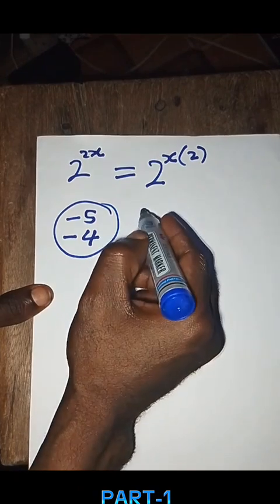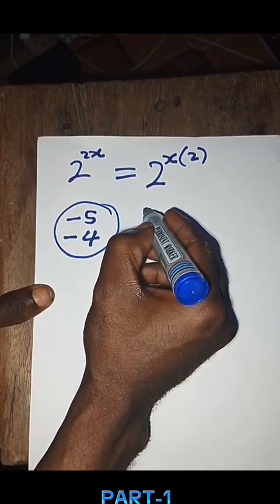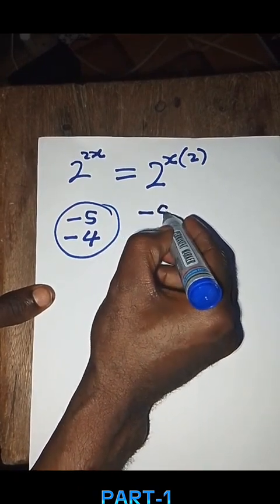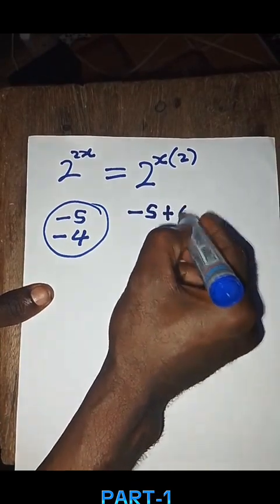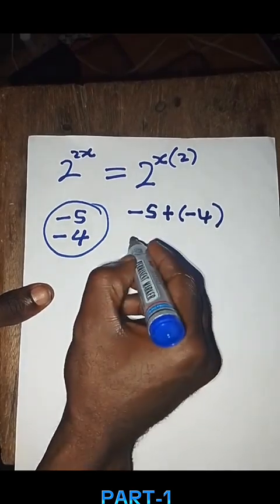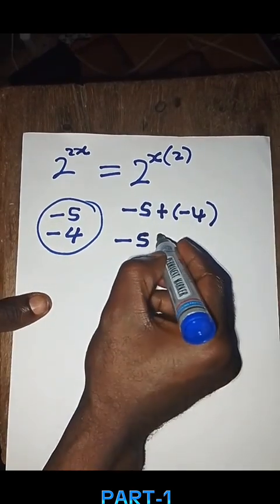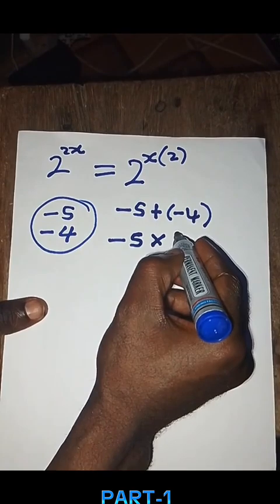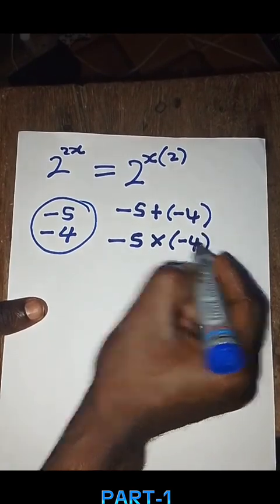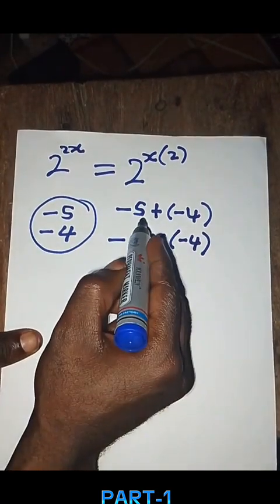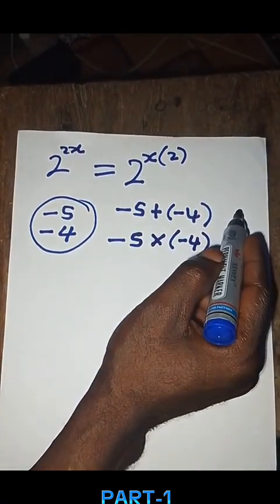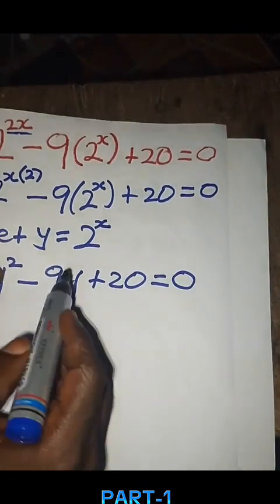So let's try it out. If you take minus 5 and minus 4, and we multiply minus 5 by minus 4, the first thing we need to do is add these two numbers, and you have the first value here, 9.